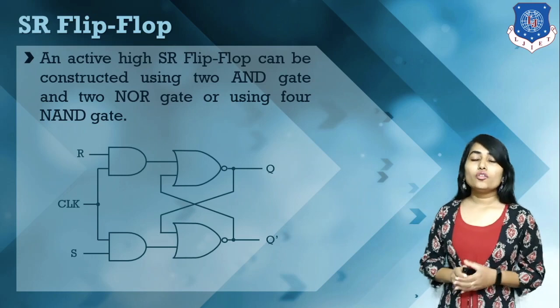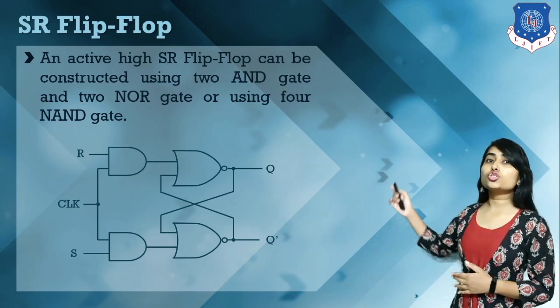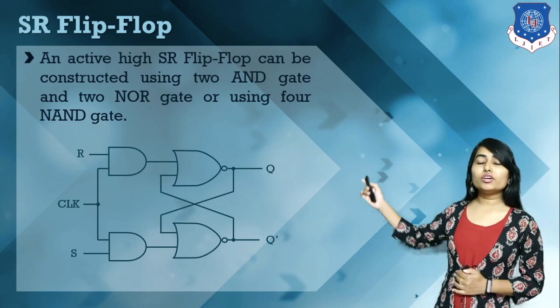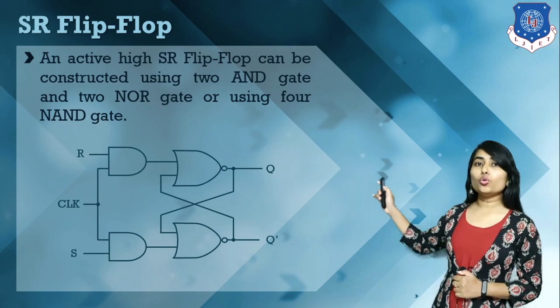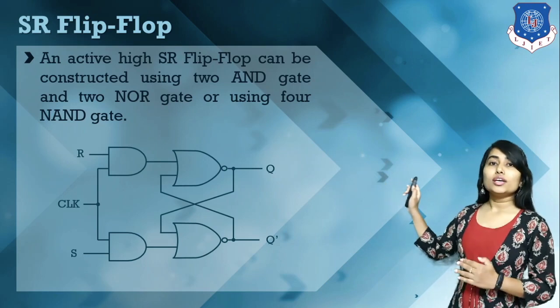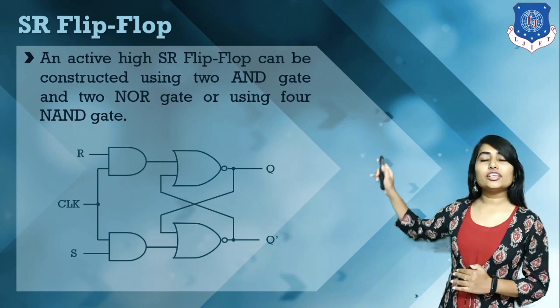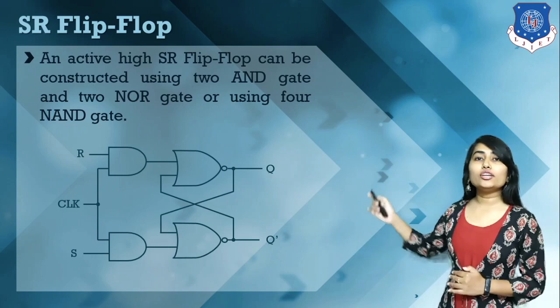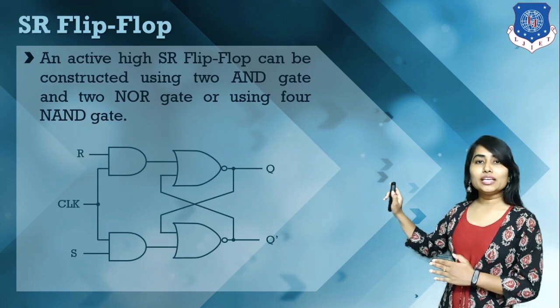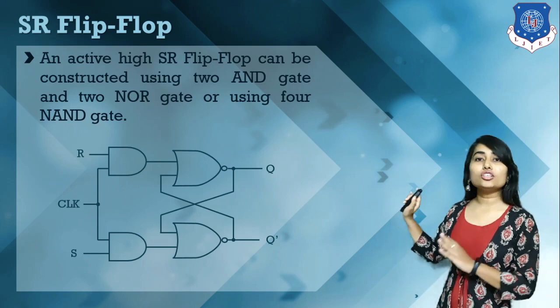Whenever we give a clock signal and this clock is equal to 1, S and R are passed through the AND gates, because S into 1 is S, R into 1 is R. So we have our normal input and this works as a normal flip-flop.